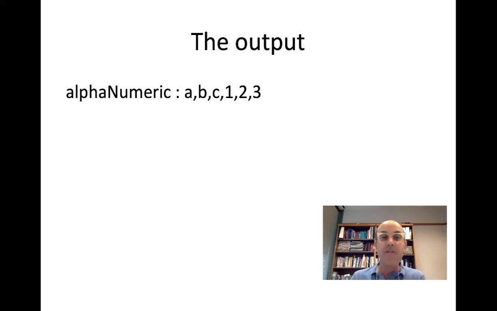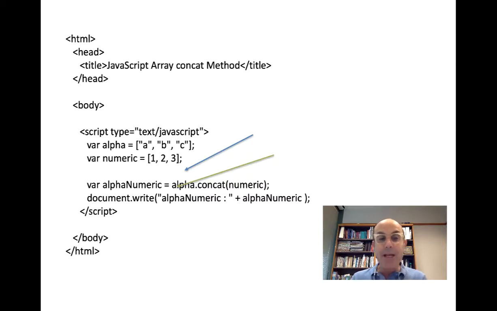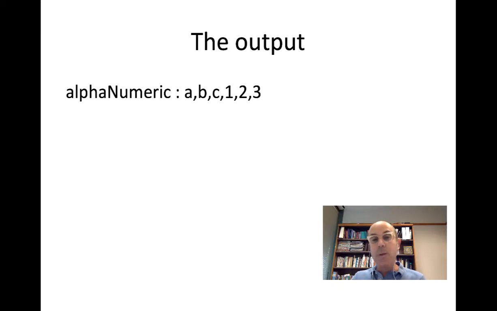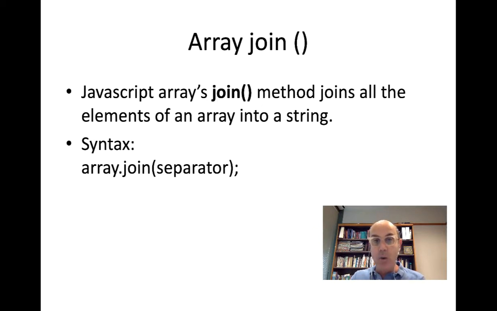If we list them, A, B, C, and 1, 2, 3, based on the idea that variable alphanumeric is equal to alpha.concat(numeric), and by using that structure in the document, we are able to display it in the following way.